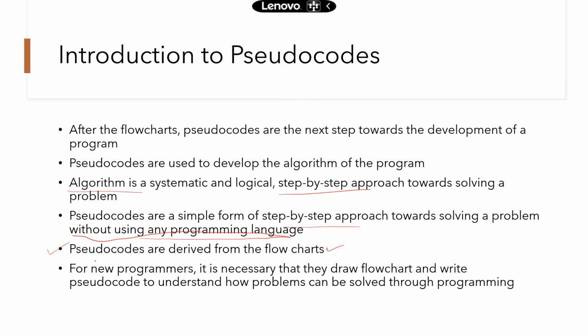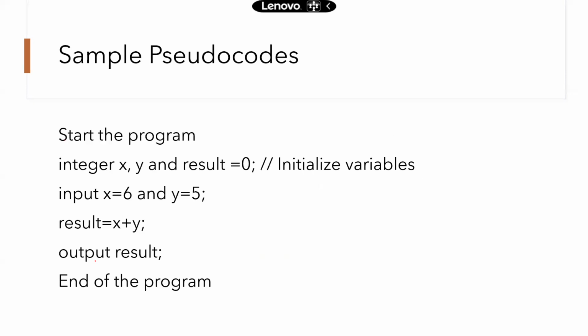The flowcharts and the pseudocodes are always required either by professional programmers or beginners, because that determines the basic architecture of the program. So you must have a basic understanding of the flowchart as well as the pseudocode, and practice them as much as possible.